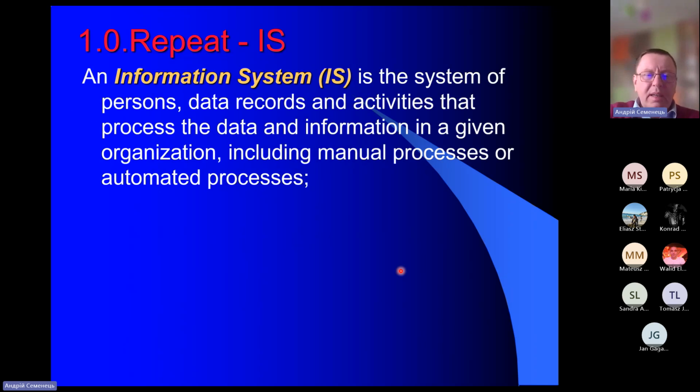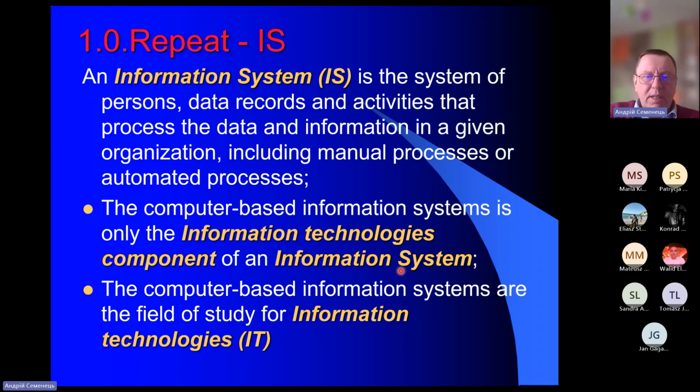Before this, again, a small recap of what an information system is, including a medical information system, including a hospital information system, or one which supports both EMR and EHR records. Generally, it is a system of persons, data, and activities that process data and information in an organization, including manual and automated processes.